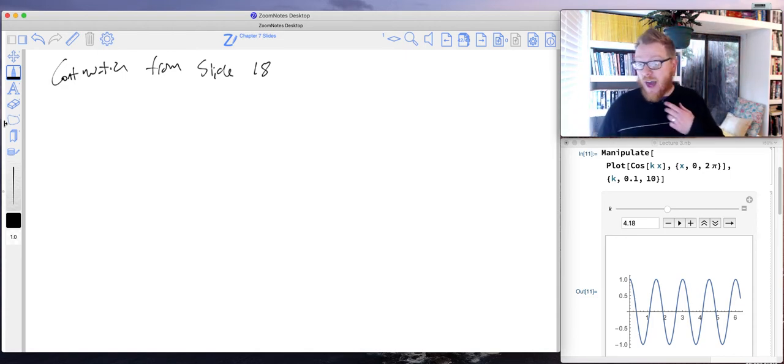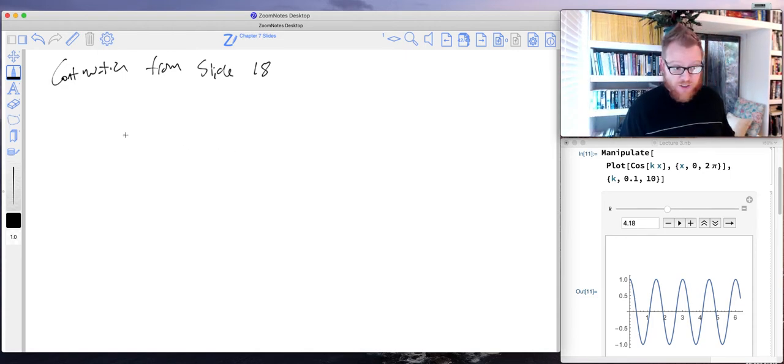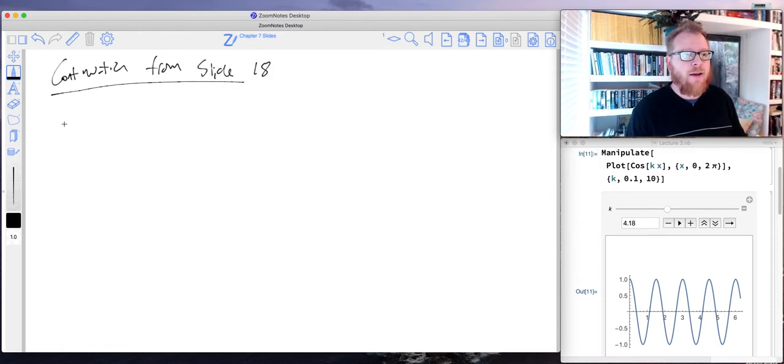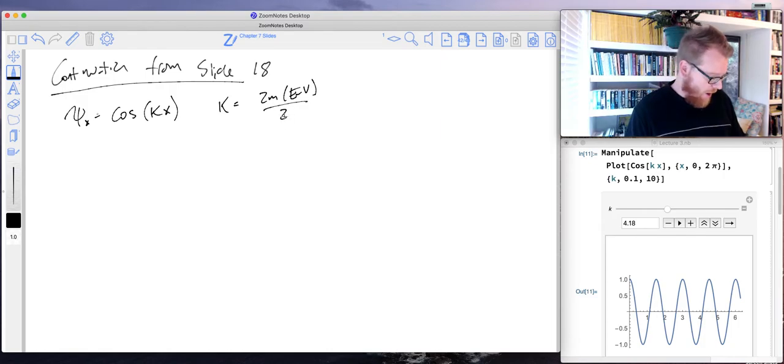Okay, and so what I want to do, that solution that we just came up with, let's rewrite that. Psi(x) equals cosine(kx), where k equals the square root of 2m(E minus V) all over h bar squared.